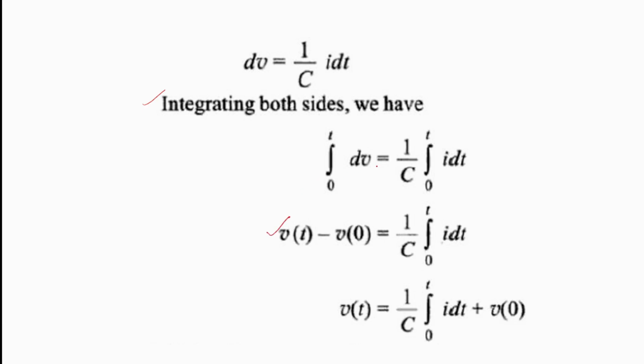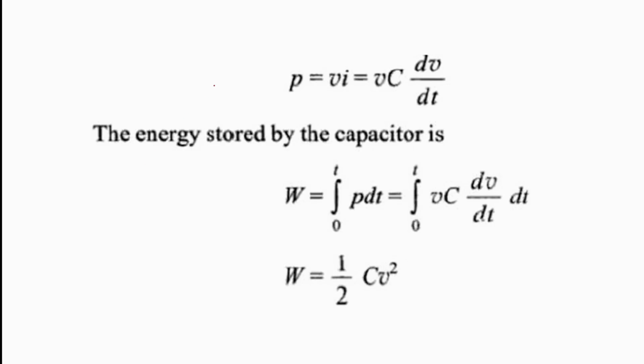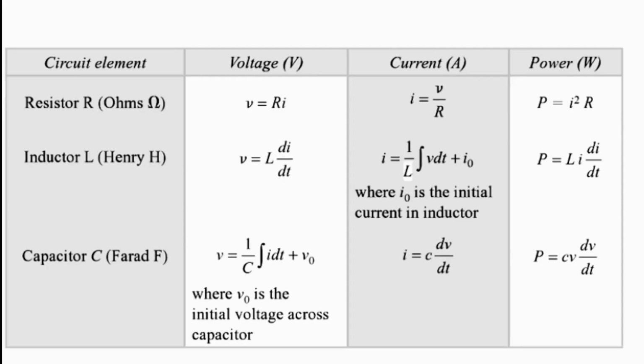For that, I integrate on both sides and get V of t equal to 1 by C integral 0 to t of I dt plus V of 0, where V of 0 is the initial voltage. Now the power relation is P equal to VI, which is V C dV by dt. And the energy stored by the capacitor is the integral from 0 to t of P dt, which gives half C V square.